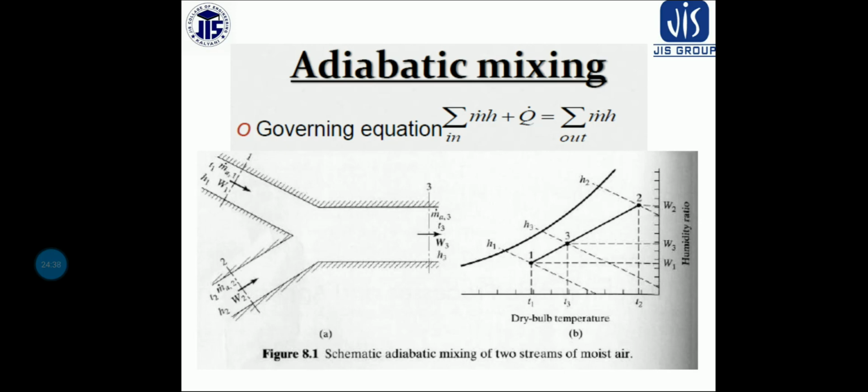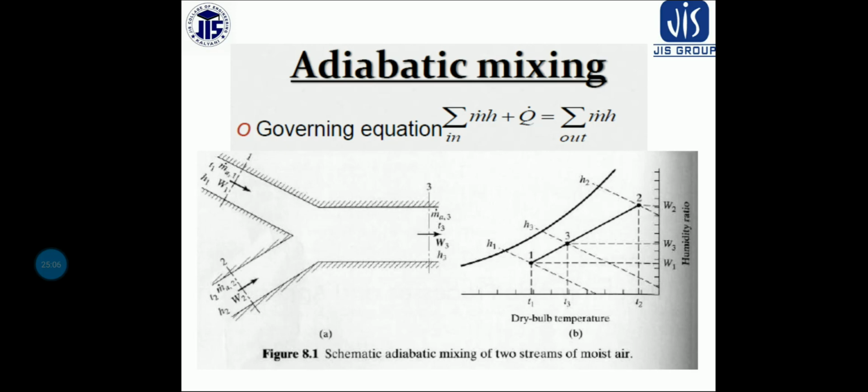Also the ratio of mass flow rates M1 by M2 can be written as W3 minus W2 by W1 minus W3, which is equal to H3 minus H2 by H1 minus H3. Okay, so this is how it can be calculated.